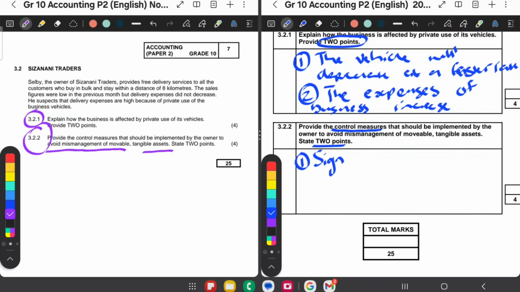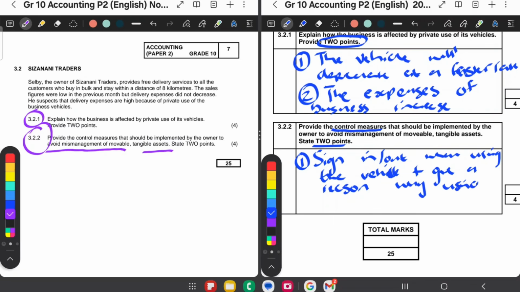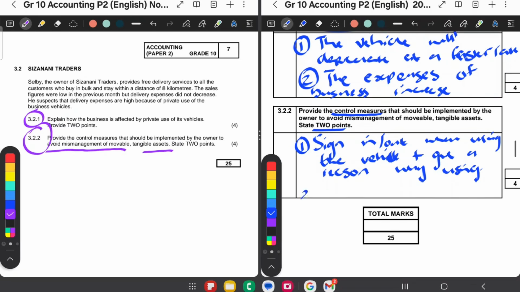So we know who is using it. So sign in or out when using the vehicle. And give a reason why you are using the vehicle. So you can write that all out. So then we can see, is it for private use or is it for delivery?